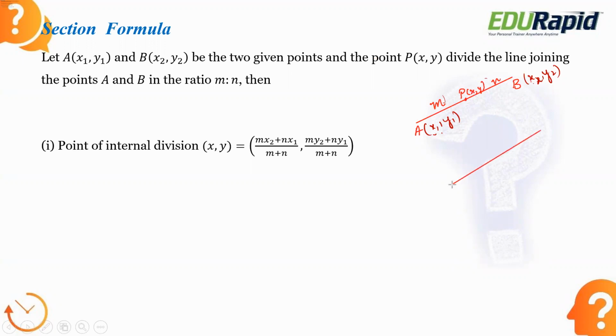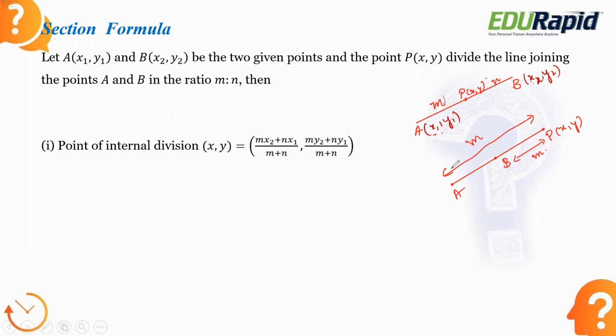Suppose you have a straight line of this form, and you have the points A and B, and this point which divides the line segment is outside. This point is outside, and the ratio is considered as, here the full length is taken as m, and this length is taken as n.